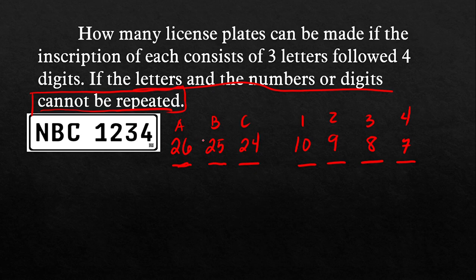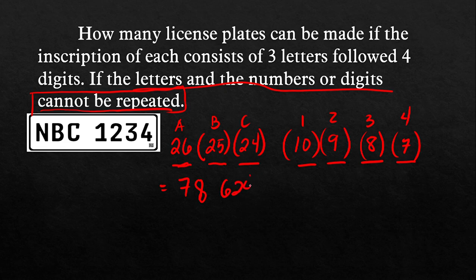So just multiply them: 26 times 25 times 24 times 10 times 9 times 8 times 7. You will get 78,624,000 license plate numbers.